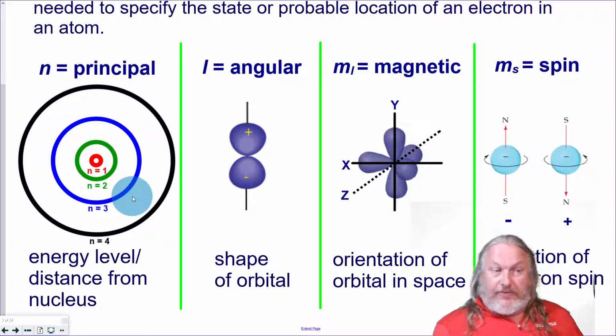The ML number is the magnetic number, and it describes the orientation of the orbital in space, or where it fits around the atom. The MS number is the spin number, and that's pretty easy. There's only 2 of those, and that tells us the direction of the electron spin. We're going to go into these in more detail.